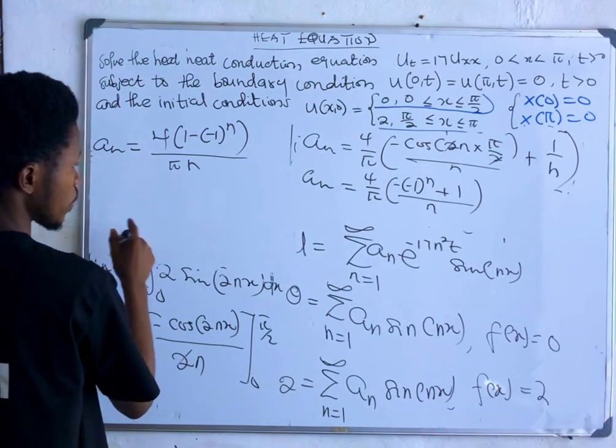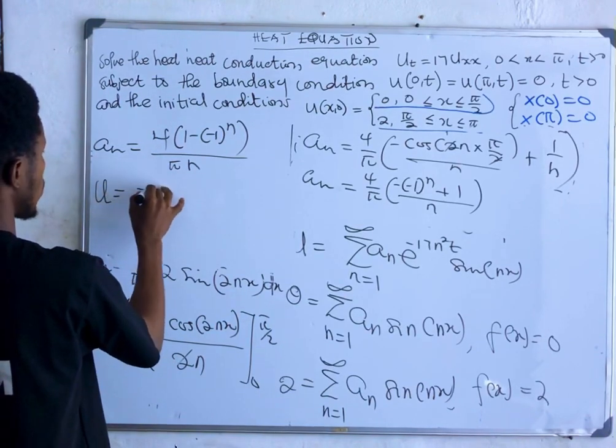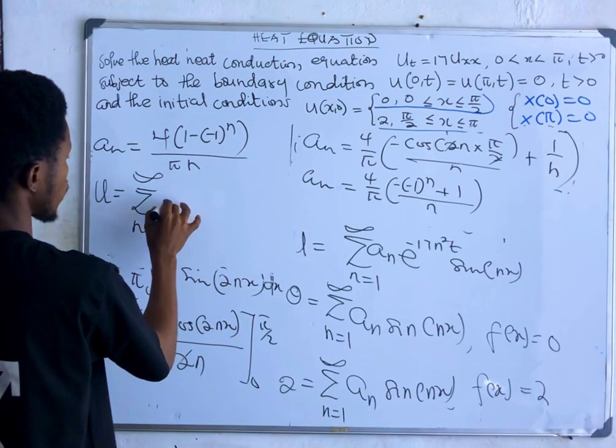And then you come back to this place and you substitute. So finally, our u will be equal to summation n equals 1 to infinity.